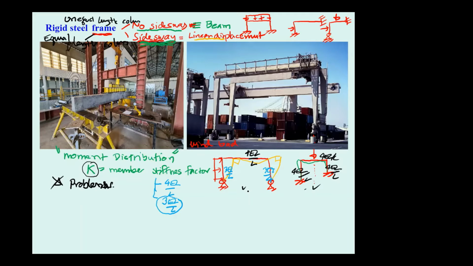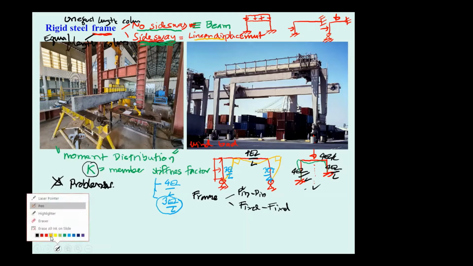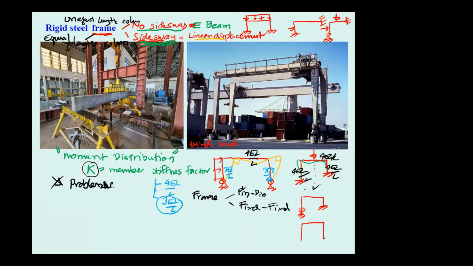Then when we consider the frame based on the support, we may have a frame supported by pins, or it can be fixed, such as we have in these two problems. And then you still have some others, such as the frame that has fixed and pin like this.